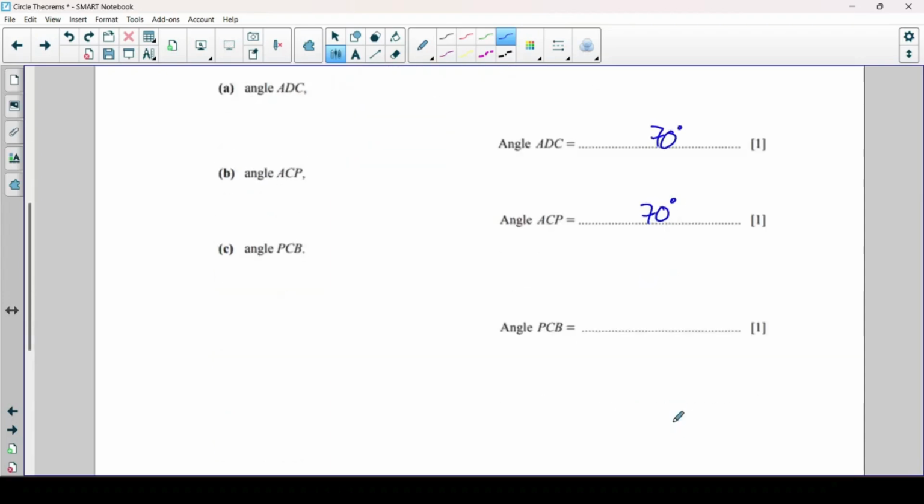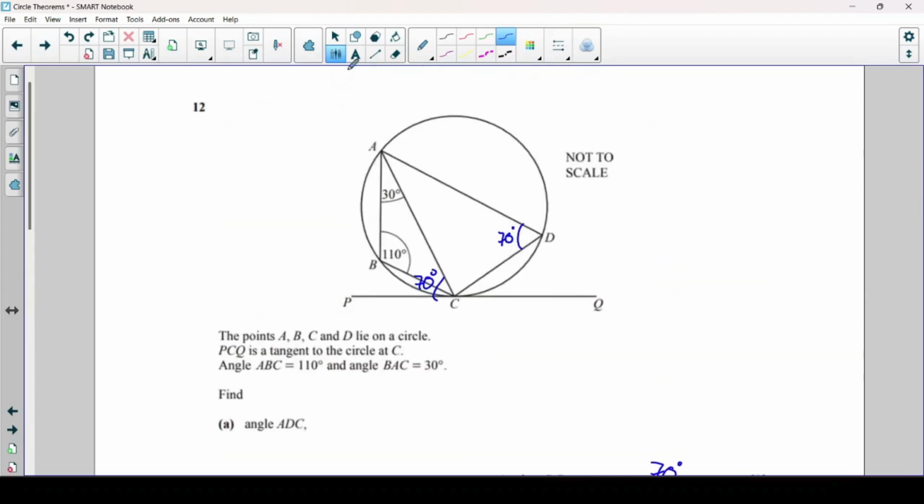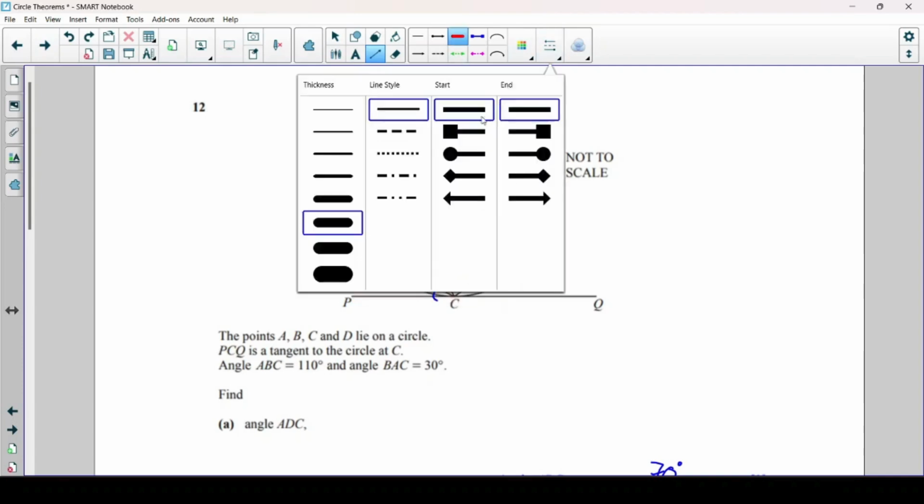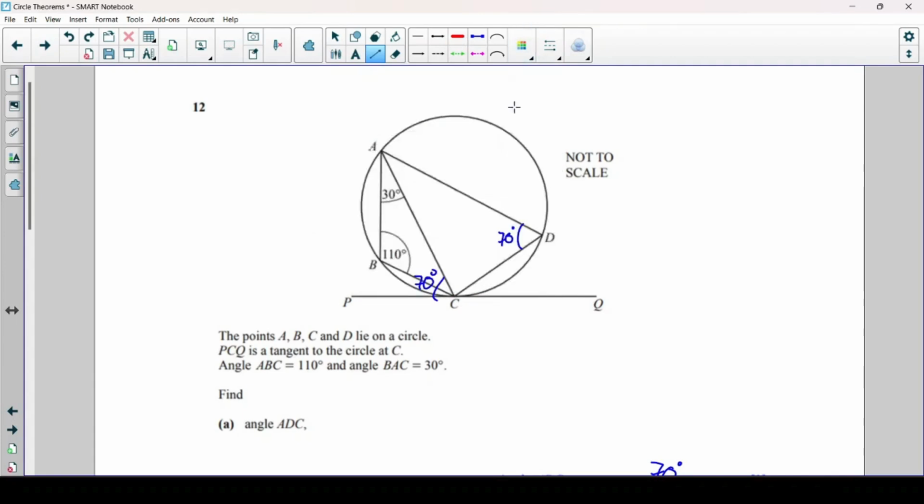Next, PCB. So that's that tiny little one there. Okay, so again, I think to find an angle like this, we're going to have to use the alternate segment theorem. So maybe do it in red, so that's too thick. So there's the tangent.